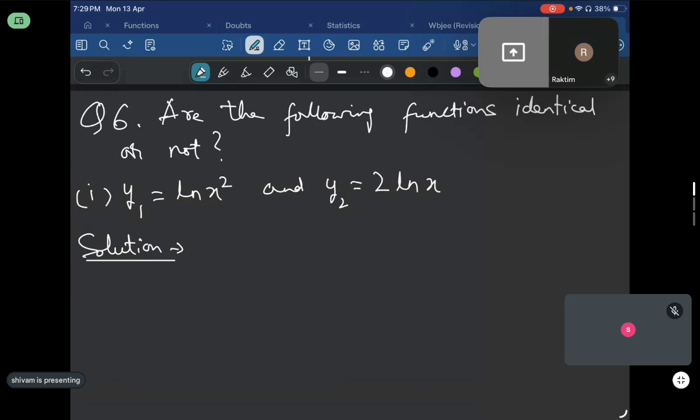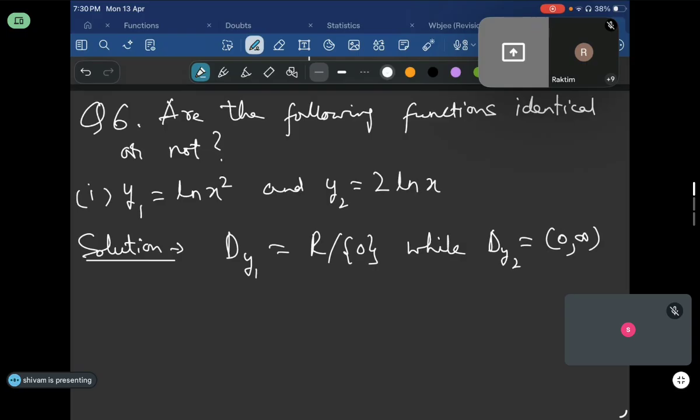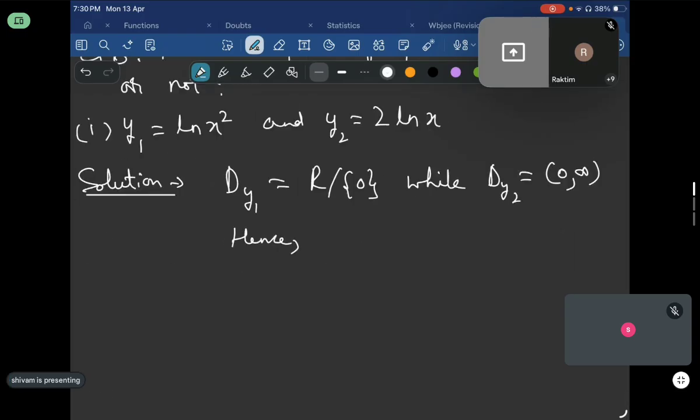Yes, correct. The domain of y1 is all real numbers minus 0, whereas the domain of y2 is open 0 to infinity. Hence, y1 and y2 are not identical. Remember. Next. So over here, everyone, note it down.